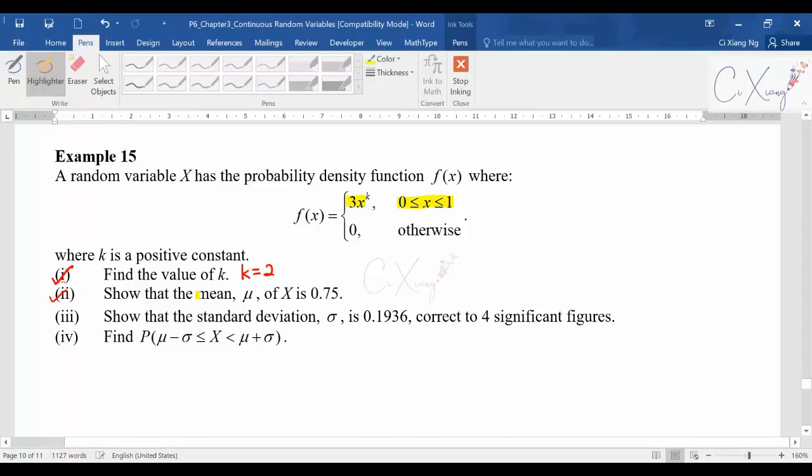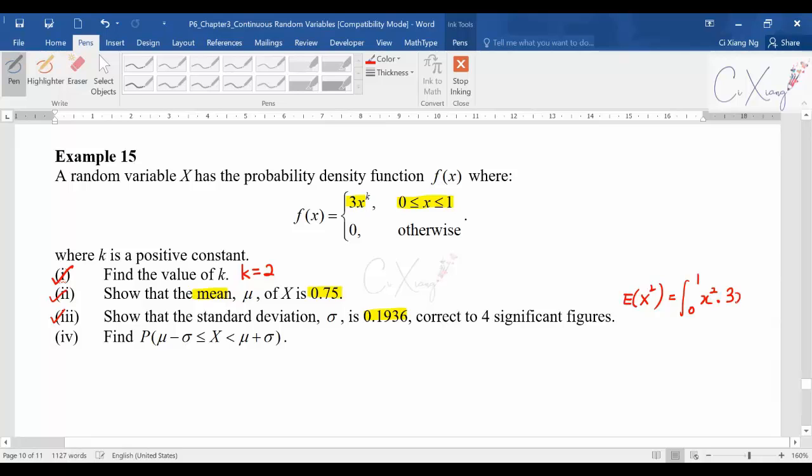Secondly, they want you to show that the mean is equal to 0.75. So this one you can do it yourself also. The third one, they want you to show that the standard deviation is 0.1936, correct to 4 significant figures. To get the standard deviation, first you need to calculate E(X squared). E(X squared) means you integrate from 0 until 1, multiply the x squared with the function.